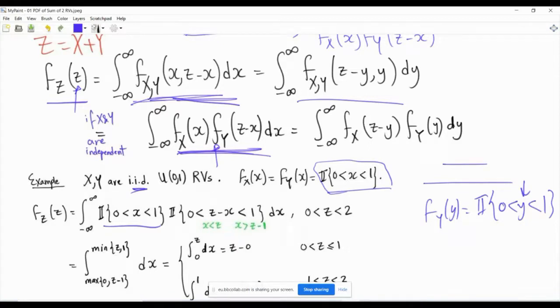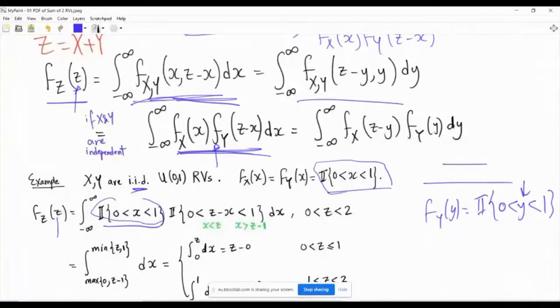So the PDF of y evaluated at z minus x will be the indicator of z minus x living between 0 and 1. Now, the first indicator is straightforward to interpret. It tells you that x is lower bounded by 0 and upper bounded by 1. The second indicator tells you other inequalities regarding x.